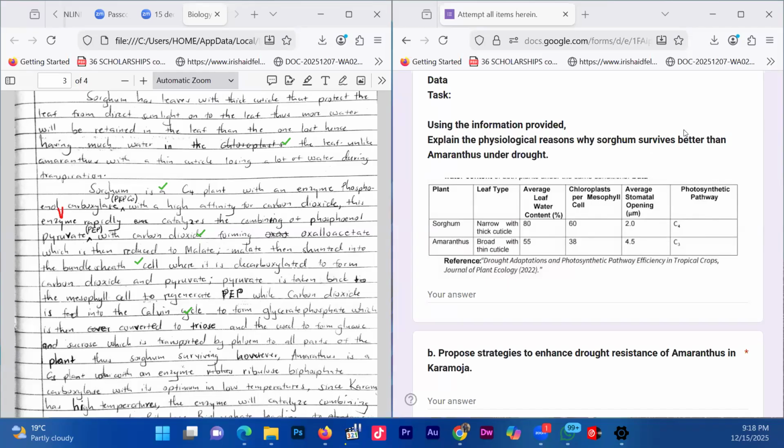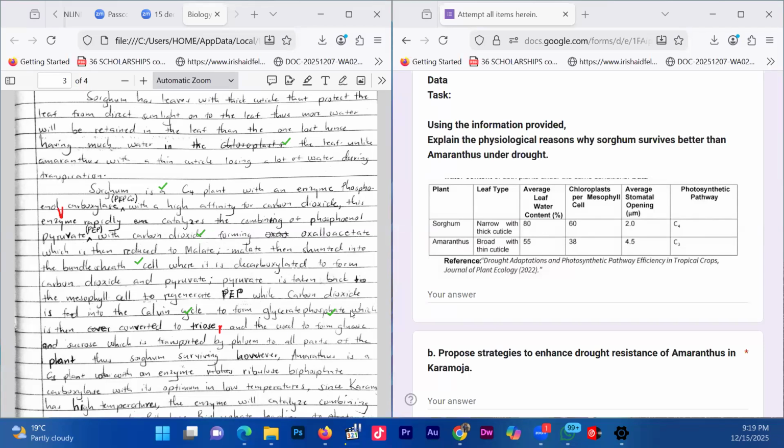Did you mention the enzyme, which then converts to triose phosphate? Here, the word is triose phosphate. Add the word phosphate here. Then triose phosphate is used to form glucose and sucrose.